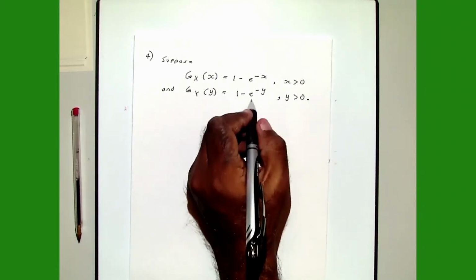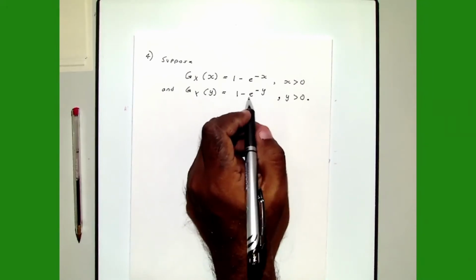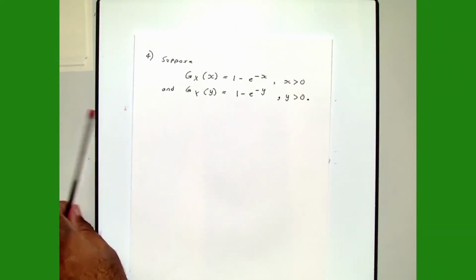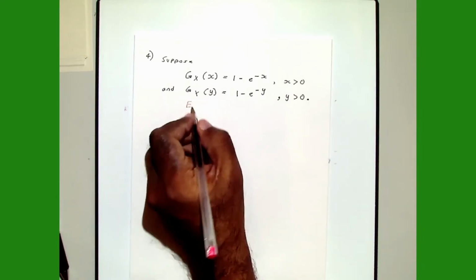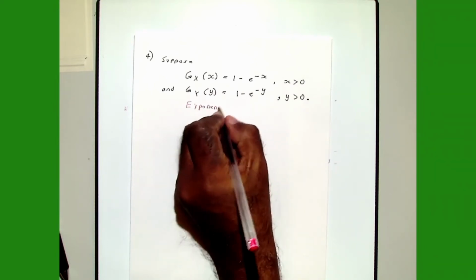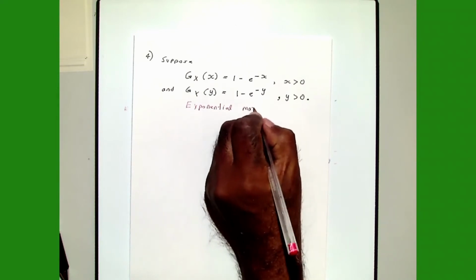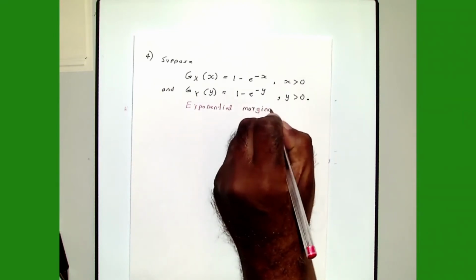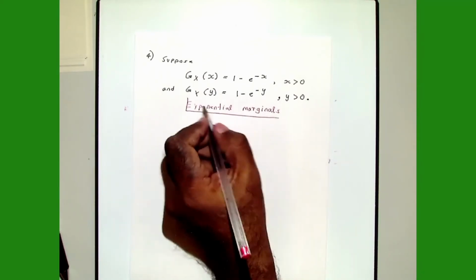I mean, if you may recall, these are the exponential marginals. So let me point that out. What you have here are exponential marginals, right?